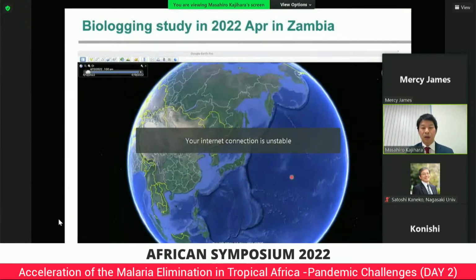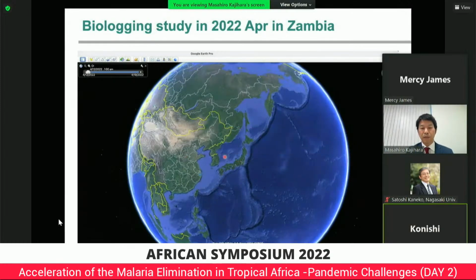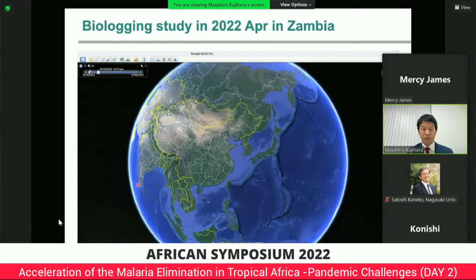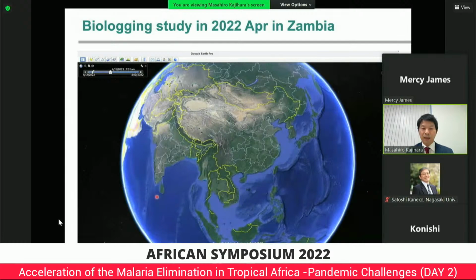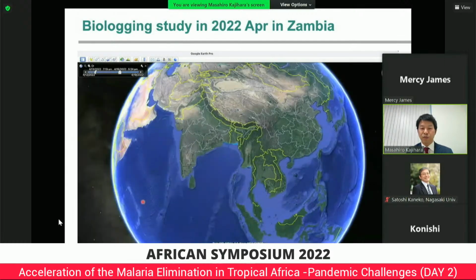So this is preliminary data. Here is Zambia. The green line indicates the trajectory of the bats' movements. You can find the cave on the line here, and then you can find Lusaka here.